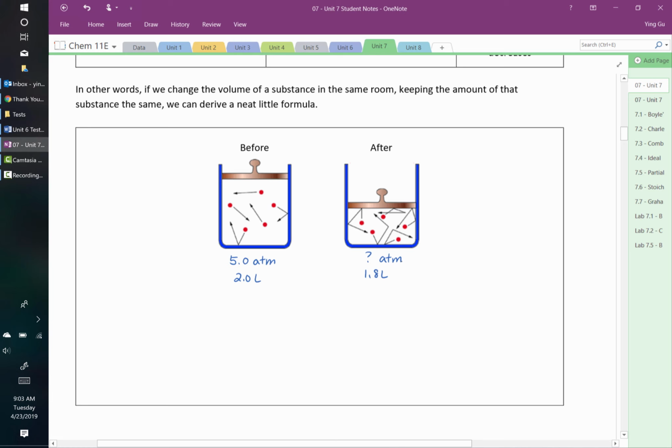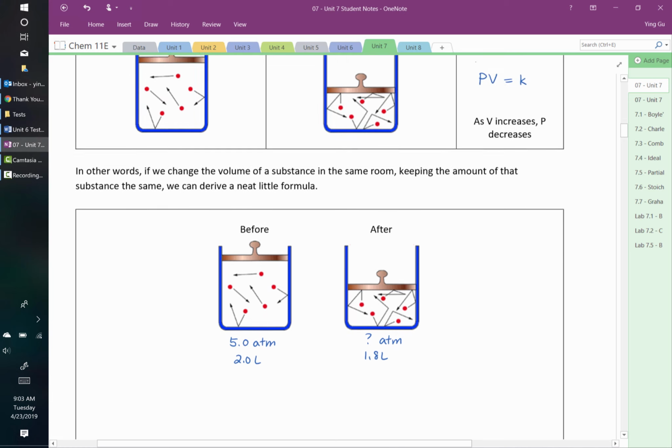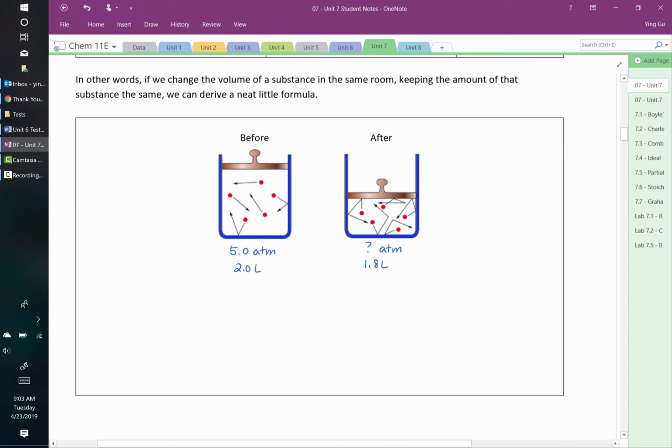Okay. So for this kind of question, we can utilize this relationship, PV is equal to a constant, really simply. If we know that the first container, let's say it's P1 V1 is equal to a constant, and we know that the second container, let's call that P2 and V2, is equal to a constant, and that these two constants are the same because I haven't changed any other condition in the system.